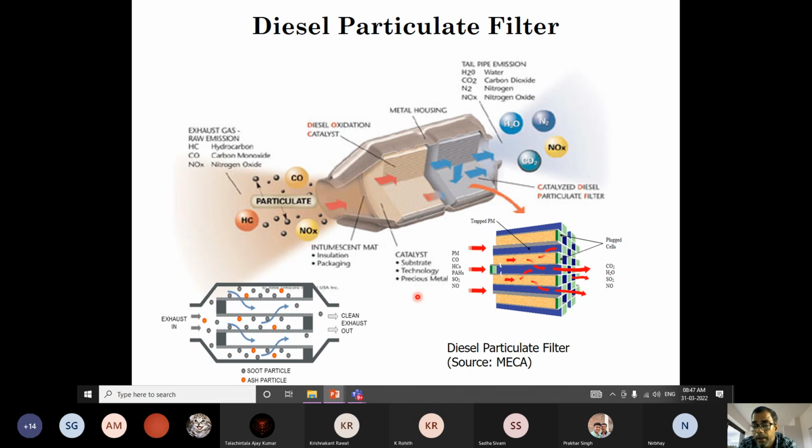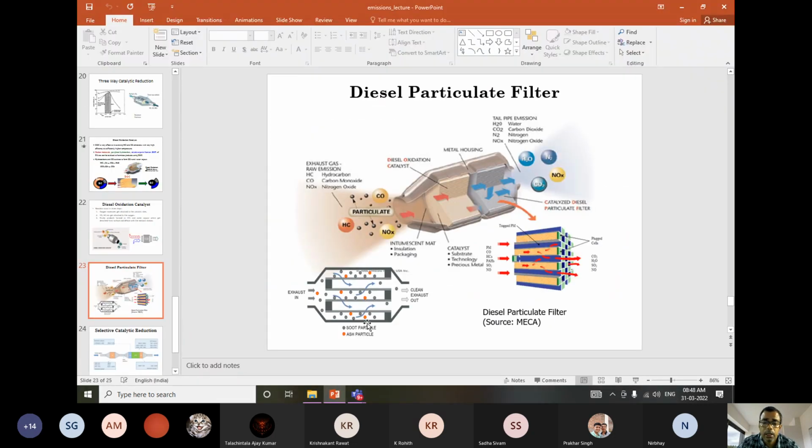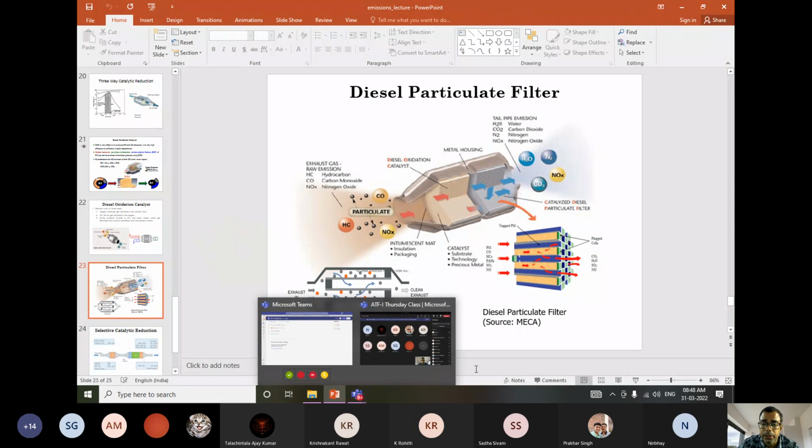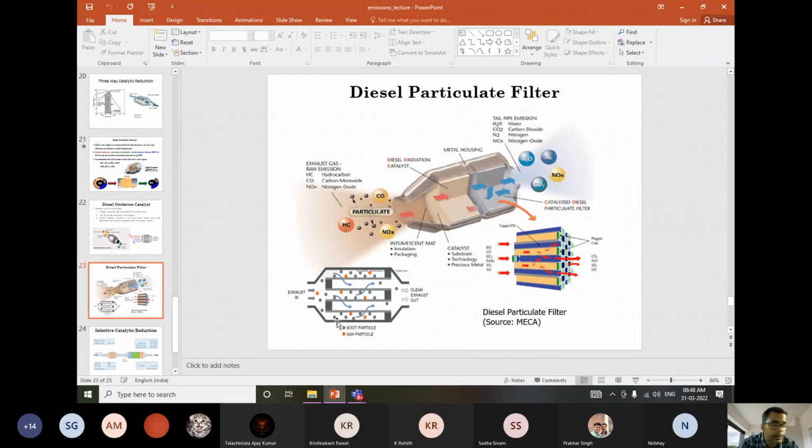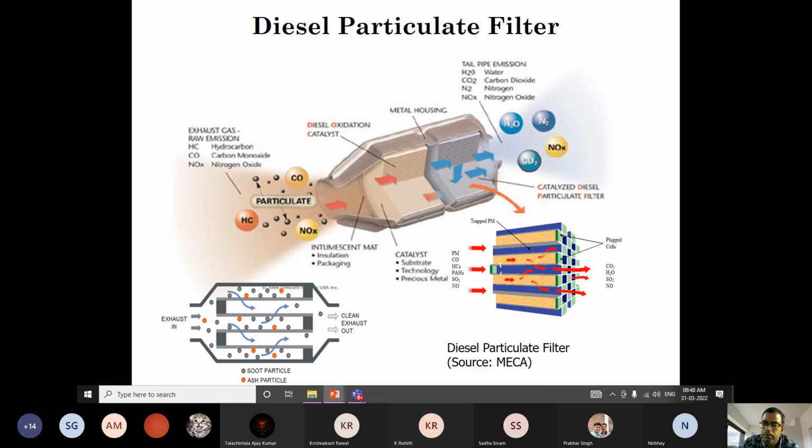Even if you see the emissions with the help of the after-treatment and control system, it is just about fulfilling the emissions regulations.